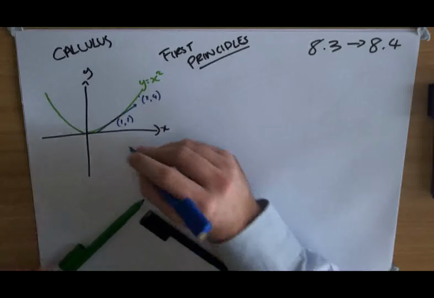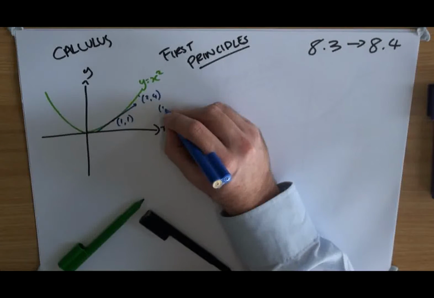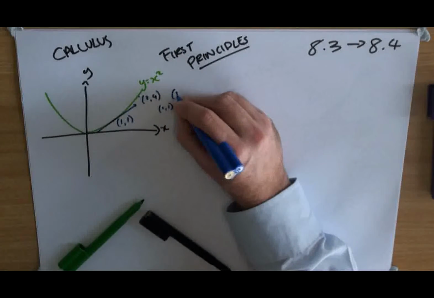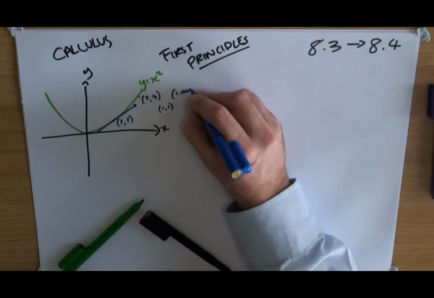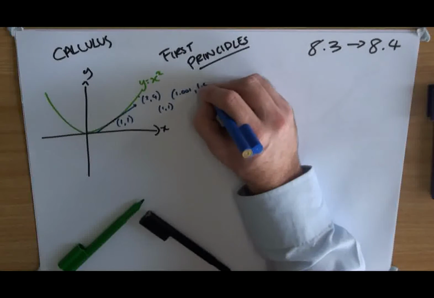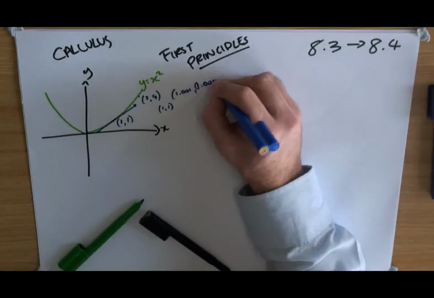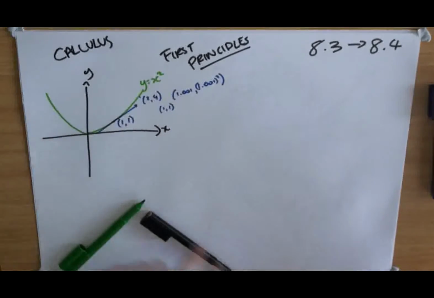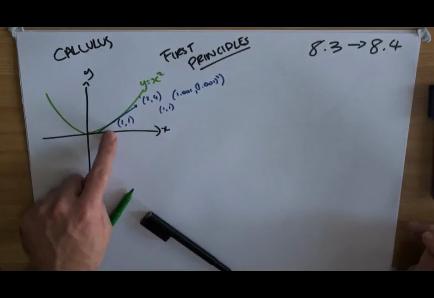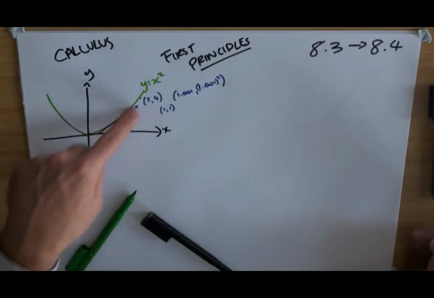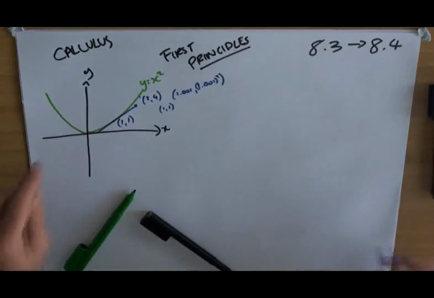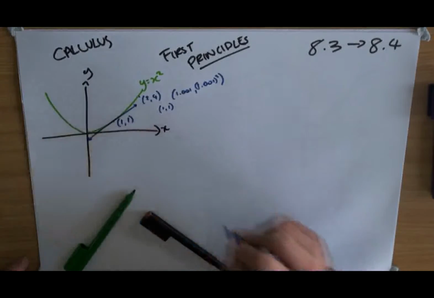Say if I did the point 1 and 1, and the point 1.001 and whatever that y value is, 1.001 squared. If I did that, I could find the gradient of the tangent very close to what the tangent is at that point there.